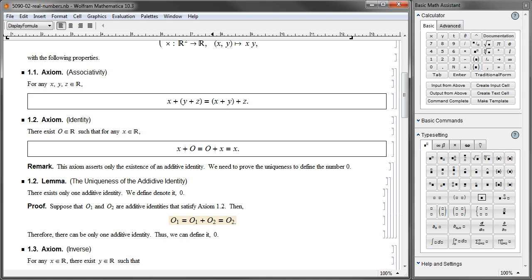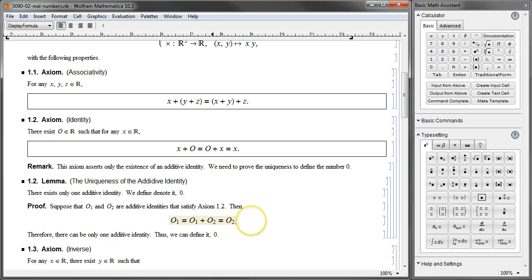Let's observe that O2 is an additive identity because we assume both O1 and O2 are additive identities. Adding an additive identity will not change anything, so O1 is equal to O1 plus O2 because this one doesn't change anything. Likewise, O1 is an additive identity, so O1 plus O2 is equal to O2 because this one drops out.